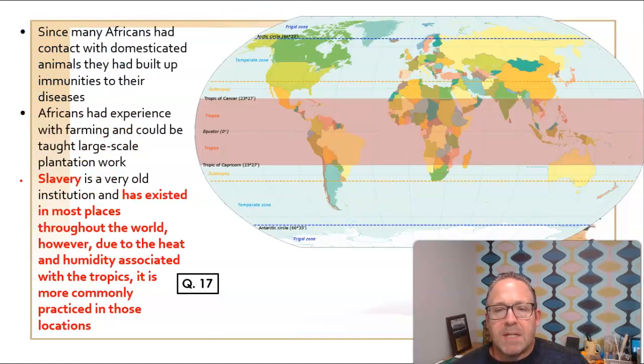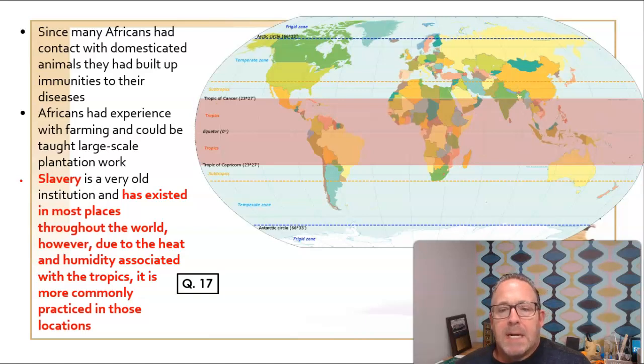The other important piece of background information is that slavery has been with us, unfortunately, since the beginning of time. Really, all civilizations had evidence of some type of human slavery, although the forms varied, but throughout the world and throughout history there were a multitude of cases and incidences of the institution of slavery.